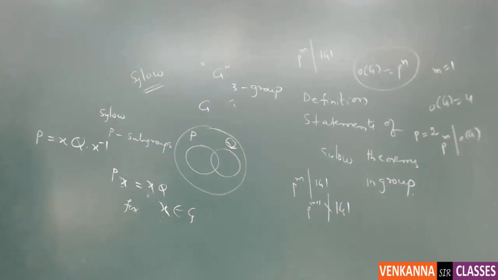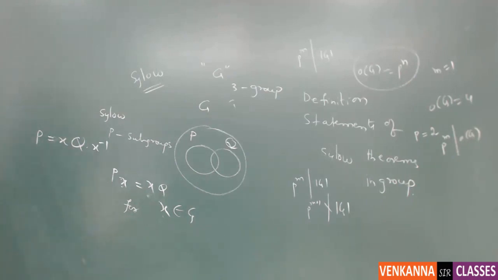They are conjugate. Any two Sylow P subgroups are conjugate. This type of situation is possible. Are you clear?